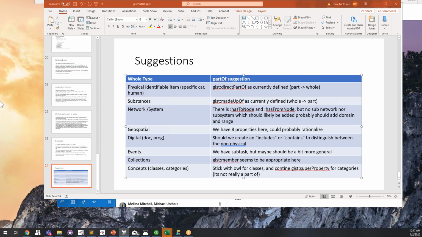So I think one of the open questions here is, should we use part of or something else for the relationship of hierarchies in a network or a system? Well, there are two things going on here.